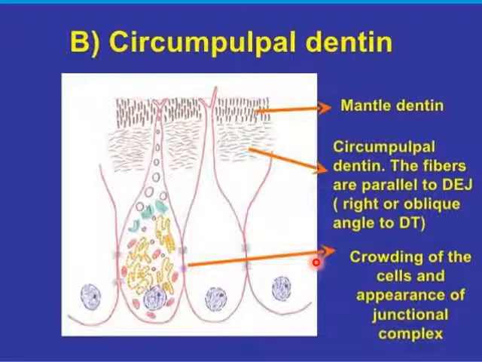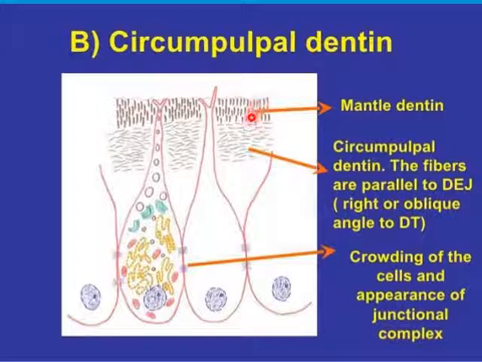The von Korff's fibers are present in the newly mineralized dentin, called mantle dentin, while circumpulpal dentin takes the full thickness of the dentin and comes after mantle dentin.